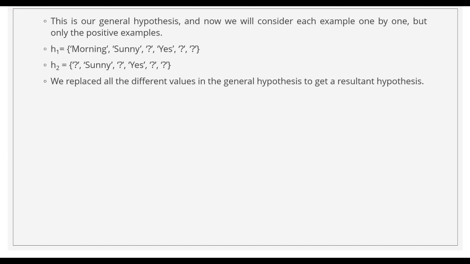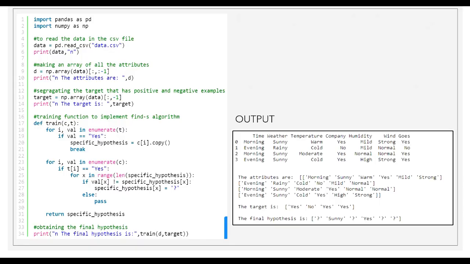H1 and H2 will be replacing all different values in the general hypothesis to get the resultant hypothesis. And this is the code for the Find S algorithm in Python. And thus we get the following output.